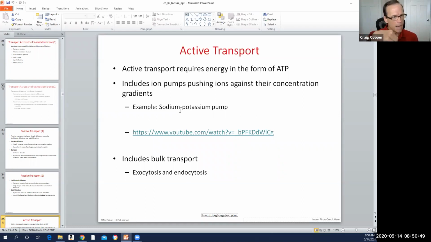So even though both ions are positive, the way that we get back to that negative 70 millivolts is by pumping more positive ions out than the number of positive ions that we let back in. Again, we're pushing 3 sodiums out, letting 2 potassiums back in. So the net means we've lost 1 positive charge. We do that enough times and we can reestablish that normal resting membrane potential.